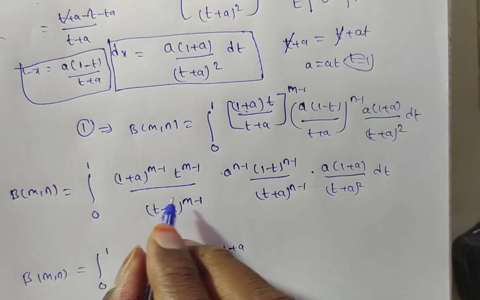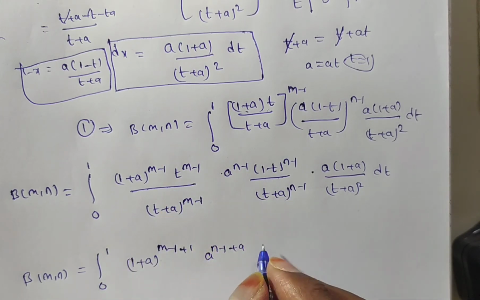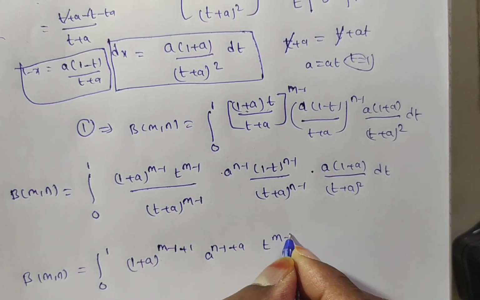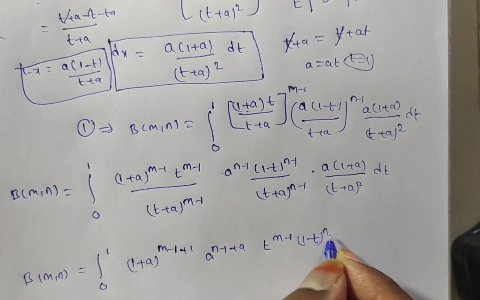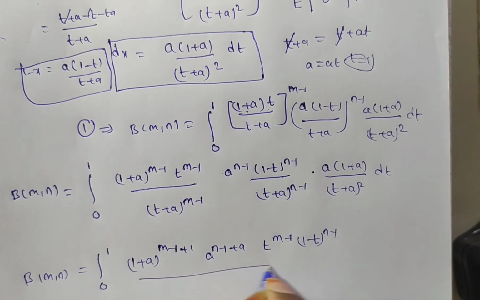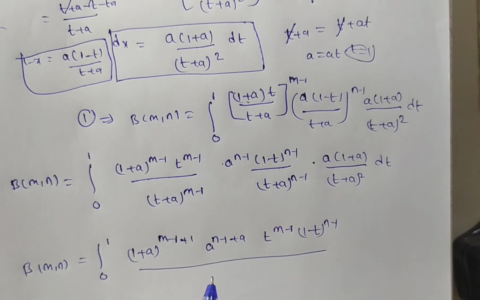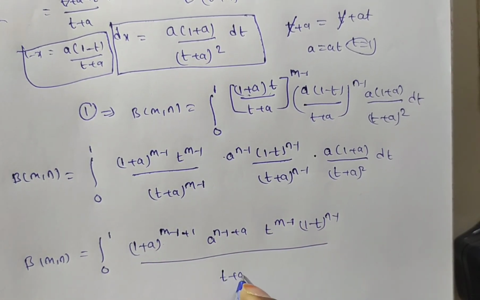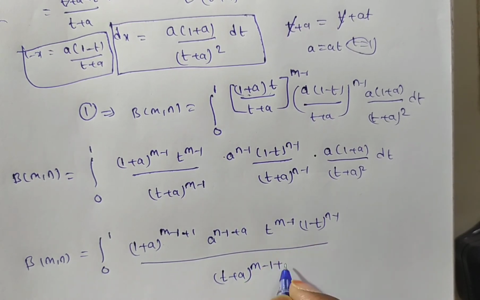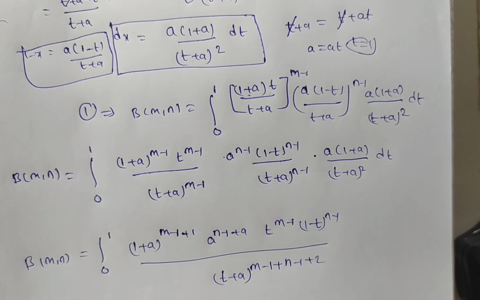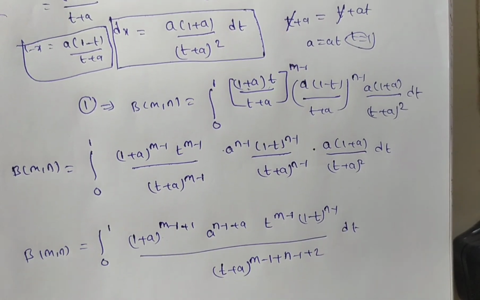No. So the remaining terms what you have? t and (1 minus t) powers. t power m minus 1, (1 minus t) power n minus 1, divided by, here in the denominator, (t plus a) power, (t plus a) power, (t plus a) power. So the bases are equal, so the powers should be added, right? So m minus 1 plus n minus 1 plus 2, into dt.